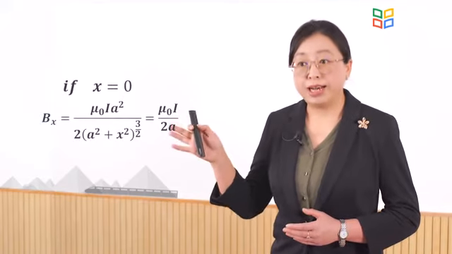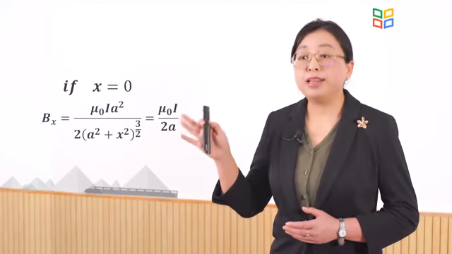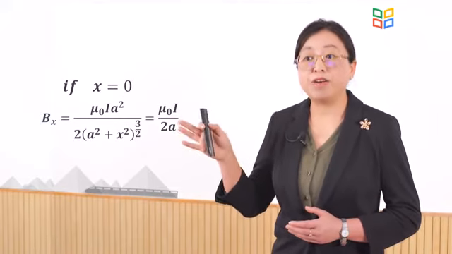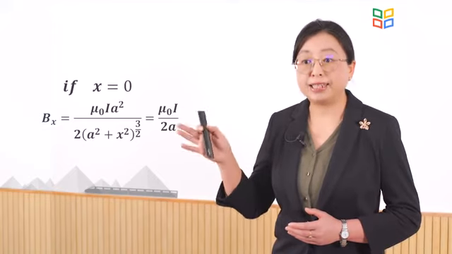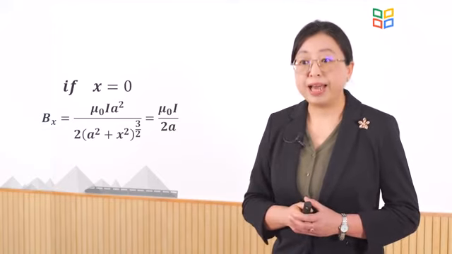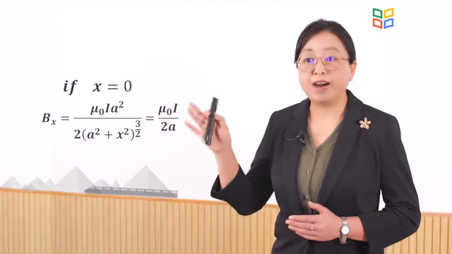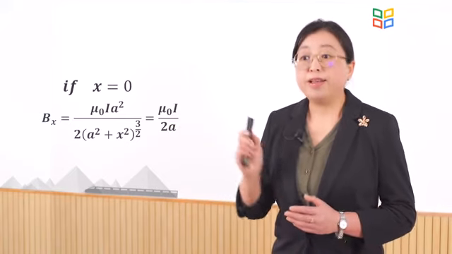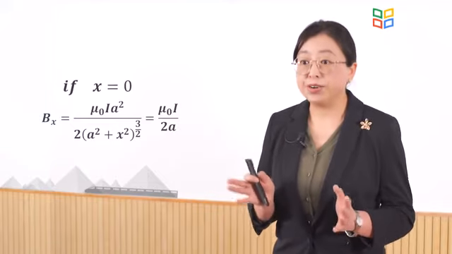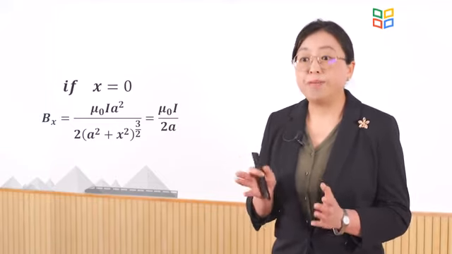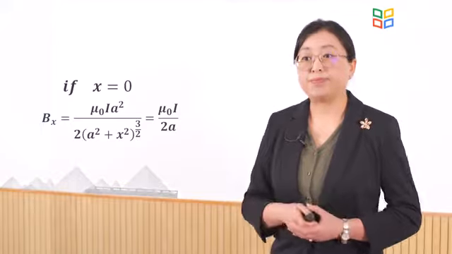Based on this result, we could also find the magnetic field at the center of the loop when we let x be 0. Bx equals mu0 times I divided by 2a. This is exactly the same result as the one from the circular arc.